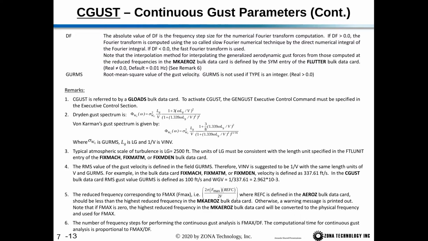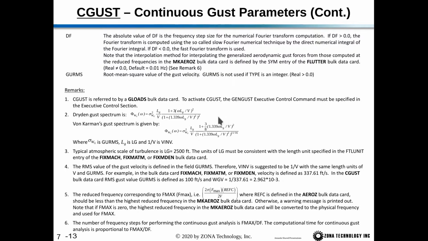If DF is less than 0, then the fast Fourier transform is used. And then lastly, we have GURMS, which is the root-mean-square value of the gust velocity. And GURMS is not used if the type is an integer, where you have user-specified gust PSD by the table D1 card.